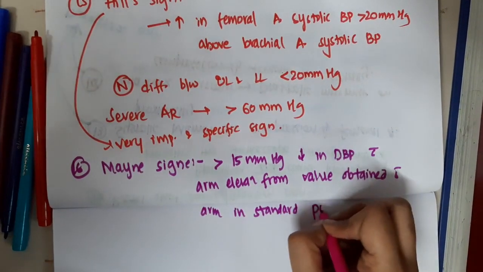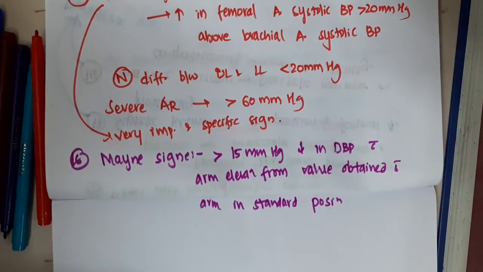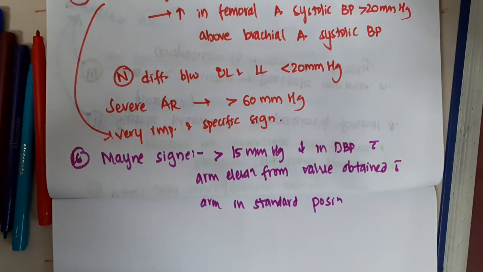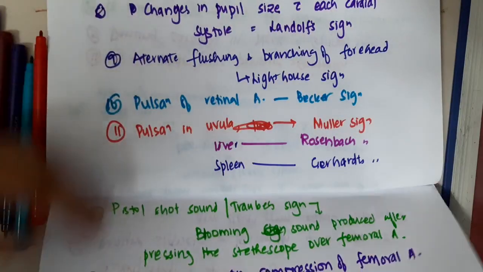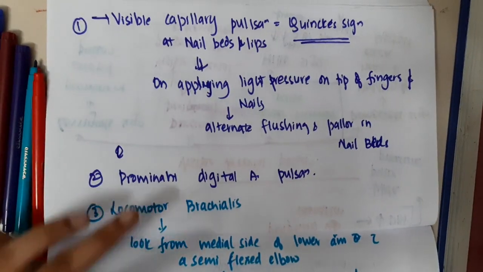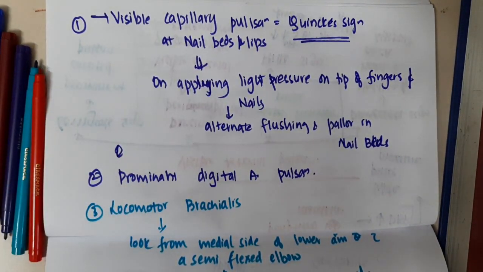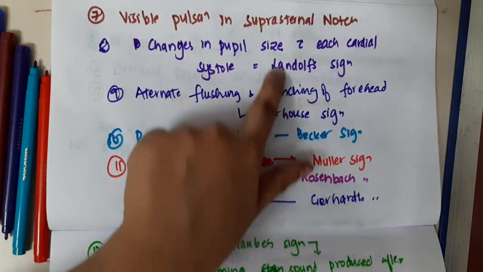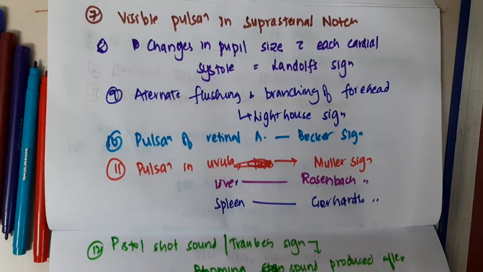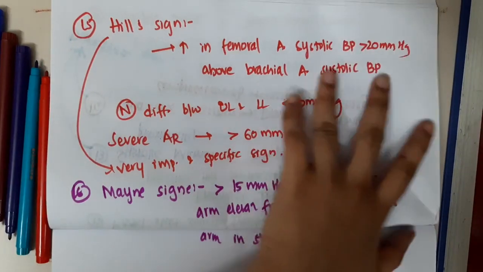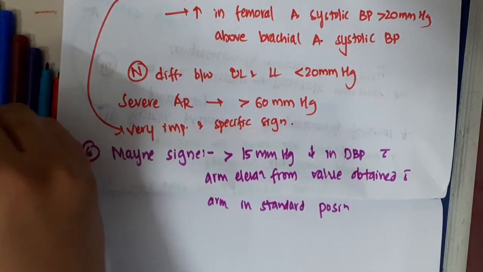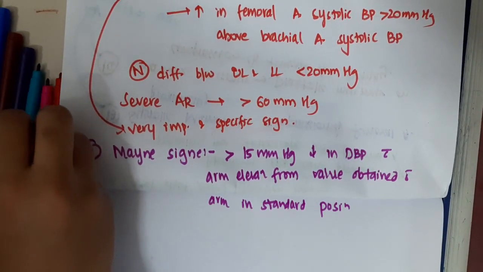Let me see, did I miss something? Twinkling sign, we have done, Corrigan's, dancing carotids. All are done. So these are the signs of aortic regurgitation.